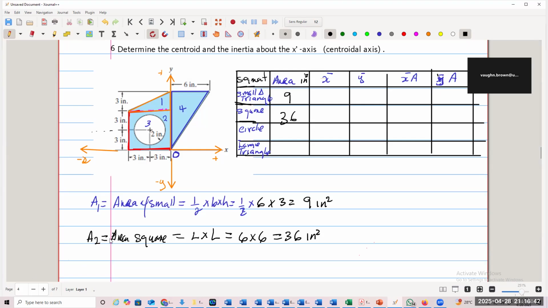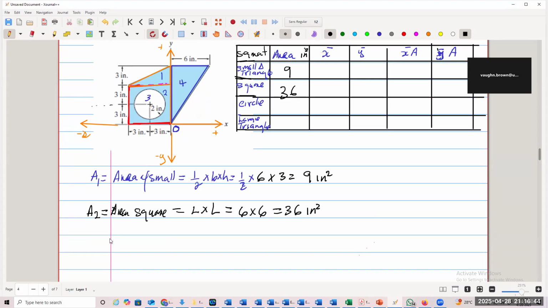All right, next one. It's area 3 rather. I'm trying to make it a little bit smaller. Area 3 now is area of what now? Area of the circle. So the circle is pi r squared.